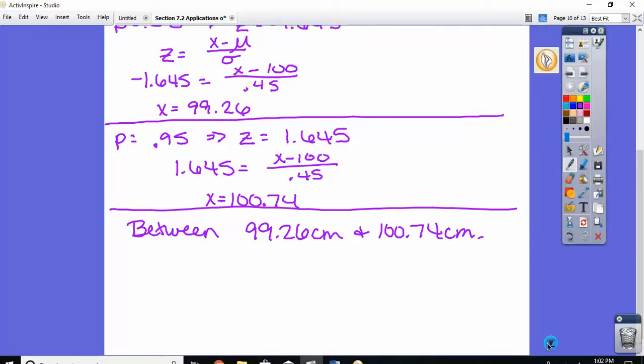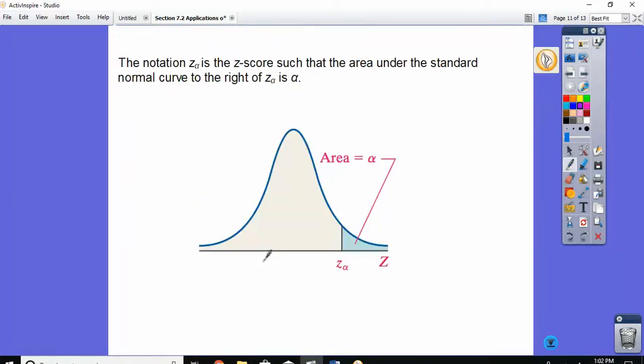There's what's called Z alpha notation. And for whatever reason, I didn't design the notation, but it's kind of the opposite of how we read things on our table. Okay, so if you have Z sub alpha, you see that?